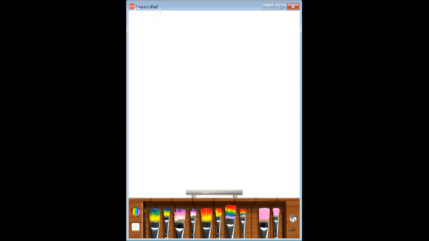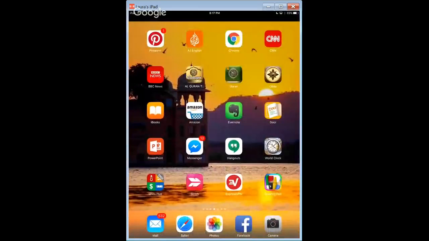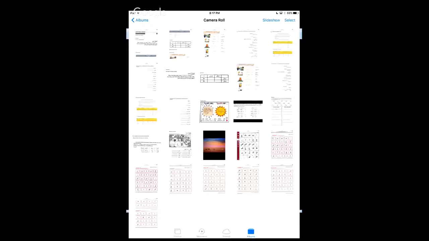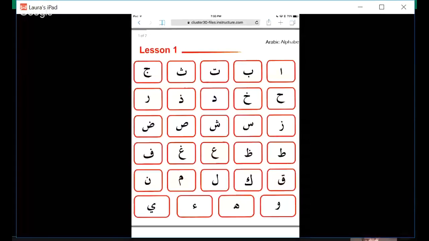You want to keep practicing those to make sure you know those. Okay. I just want you to go across and tell me each letter that you see. Start up at the top, right-hand corner. Aleph. Ba. Ta. Tha. Jim. Ha. Kha. Dal. Thal.